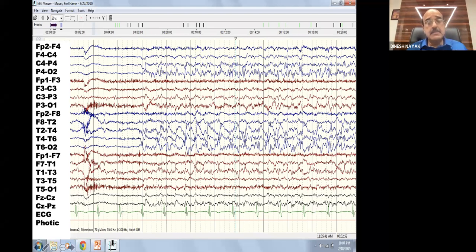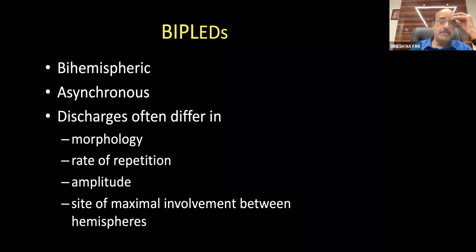Now, BiPLEDS is a very interesting and very important problem, because these are bihemispheric. That means both hemispheres are involved. What differentiates BiPLEDS from generalized periodic discharges is that these are not synchronous. The two hemispheres have independent PLEDS.